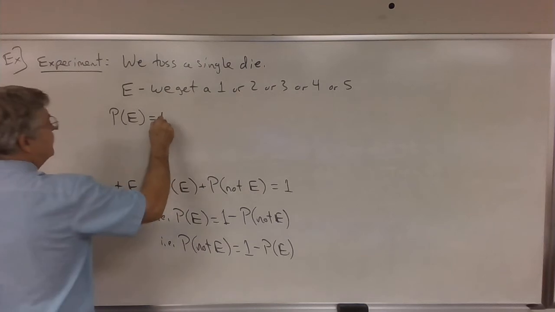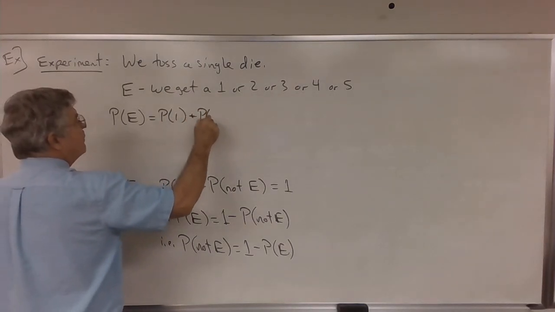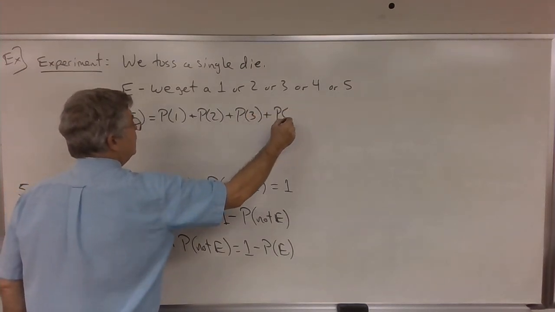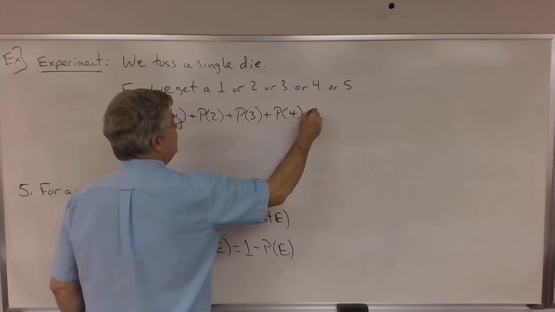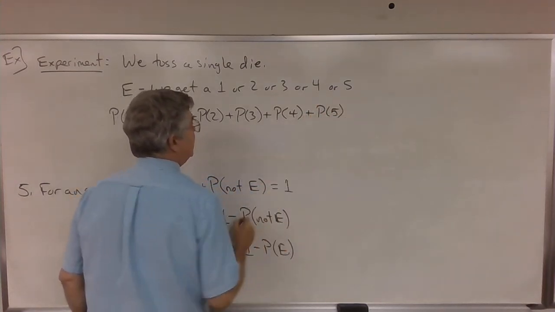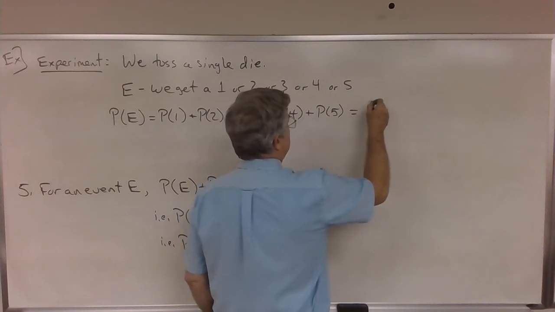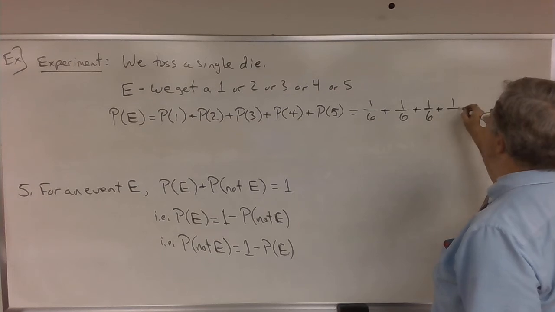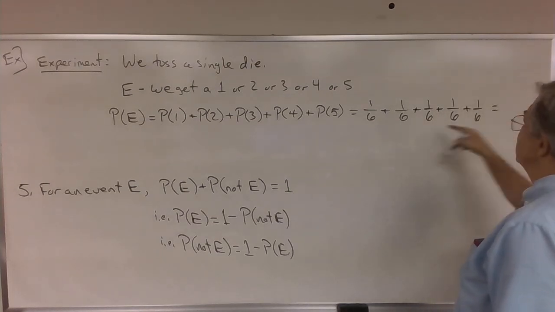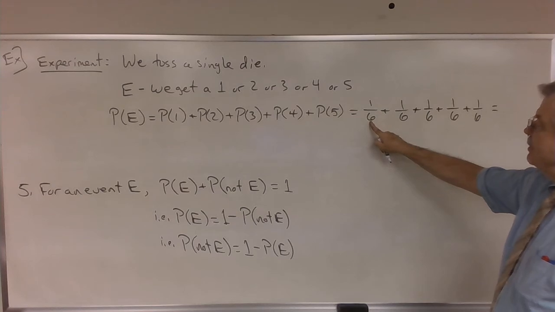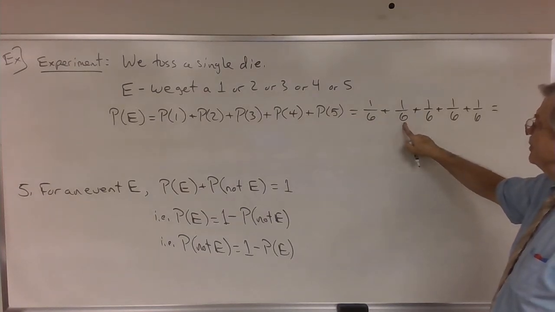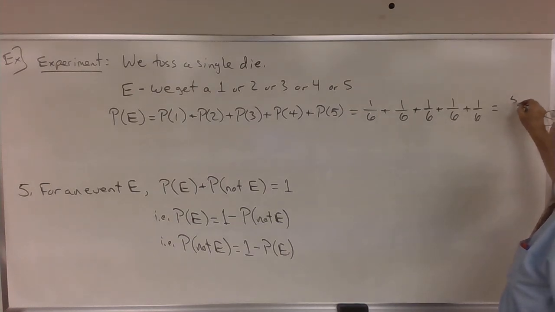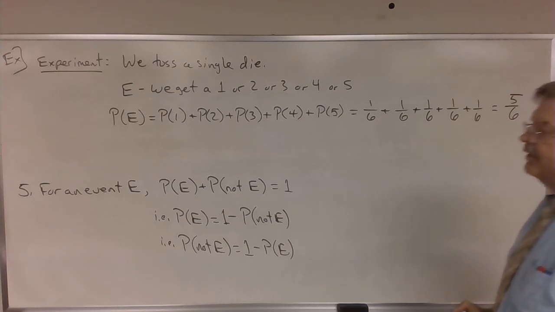So that means probability that we get a 1 plus probability that we get a 2 plus probability that we get a 3 plus probability that we get a 4 plus probability that we get a 5. And that's 1/6 plus 1/6 plus 1/6 plus 1/6 plus 1/6. So this is 5/6. Well, there is an easier way.